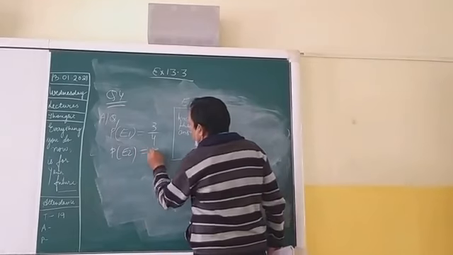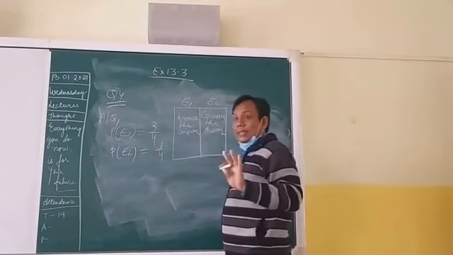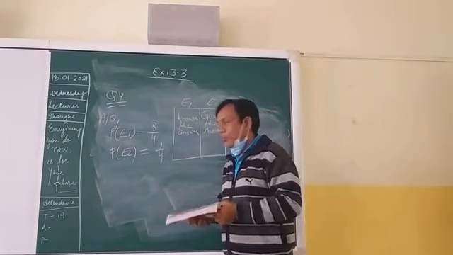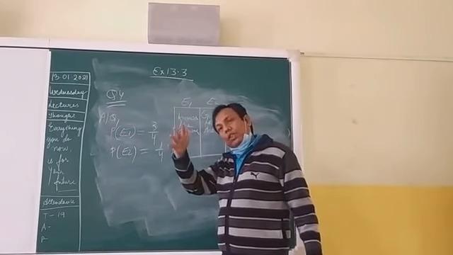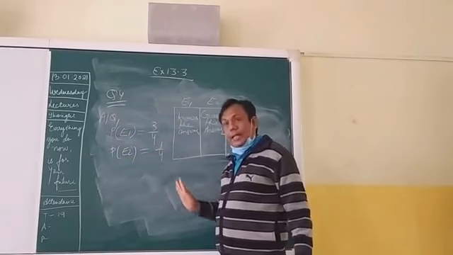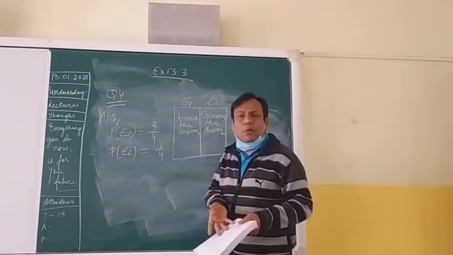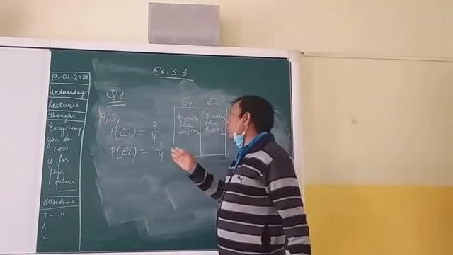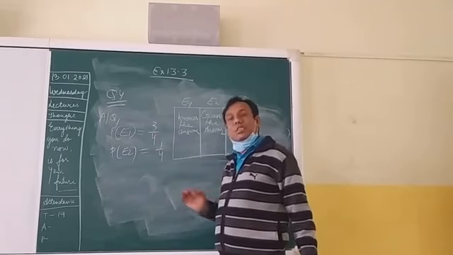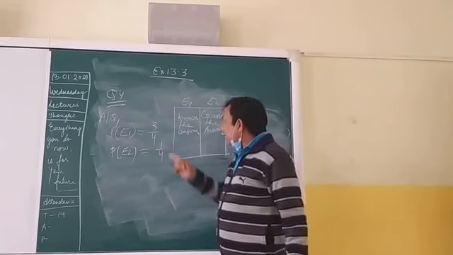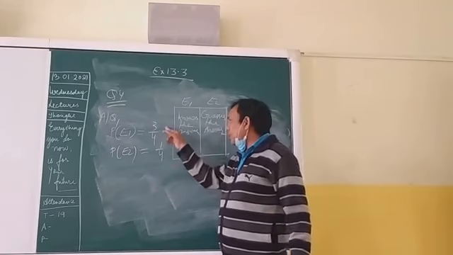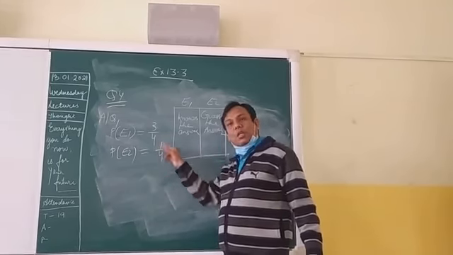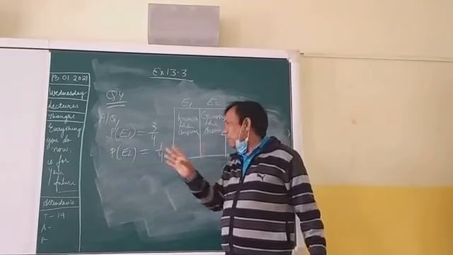One thing I want to tell you: whenever you are writing P(E1), P(E2), if you want to check that what you are writing is correct, just add them. If you are getting 1, it means it is correct. 3 by 4 plus 1 by 4 is 1, so you are writing correctly.